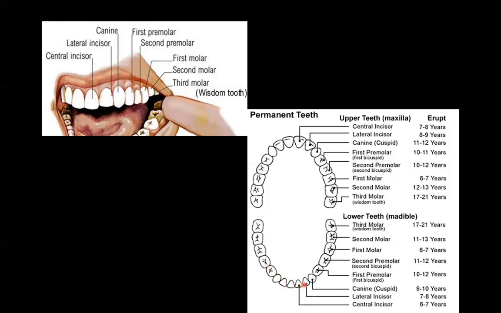There's 1, 2 incisors, then 1 canine or cuspid tooth, then 2 premolars or bicuspid teeth, and then 1, 2, 3 molars or tricuspid teeth. That last one is the wisdom tooth that's absent in some individuals and surgically removed in many other individuals.